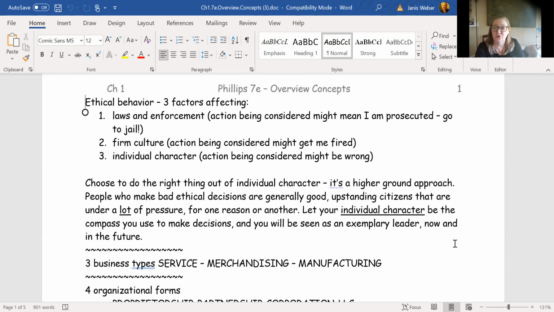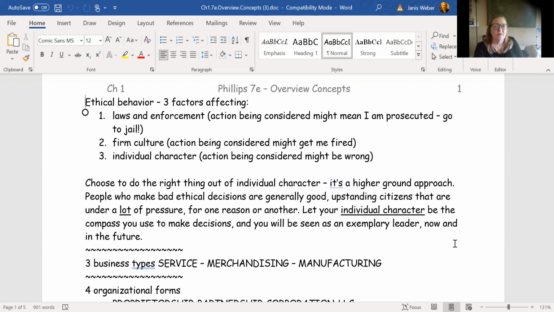If the SEC catches you reporting financial statements incorrectly, then they could prosecute you and send you to prison. And so the unethical behavior that most people consider the most prevalent are the ones that you would go to jail if they caught you doing this. And that is true. That's the most unethical of behaviors, of course.